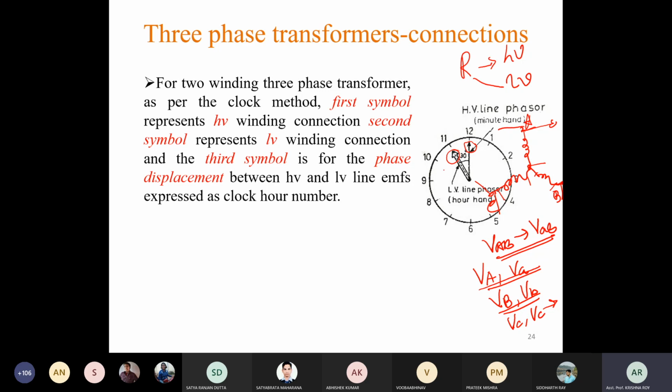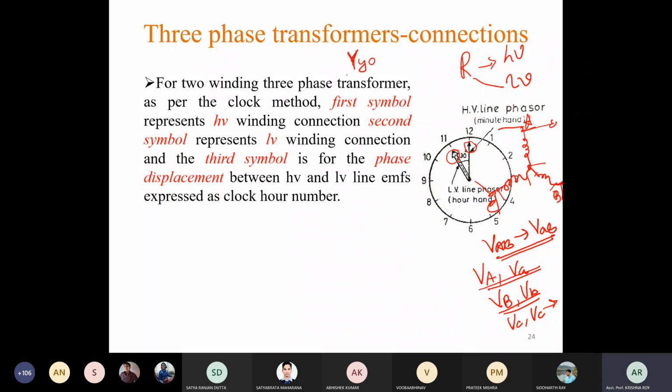So if they are in phase, in that case the hour hand will coincide with the minute hand. So the angle is 0 degree. So we can write one transformer connection like YY0.